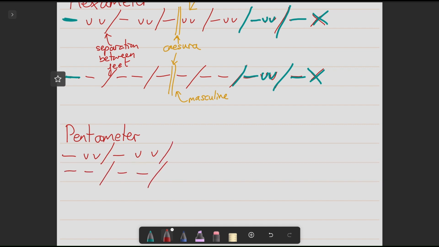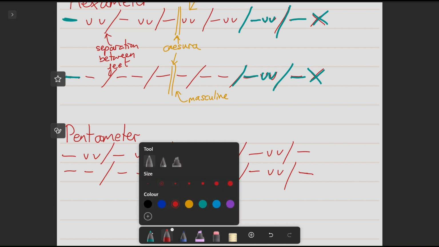I said 3, I meant 2. And then you have half a foot, with a long there. And then you have again 2 dactyls, which don't typically change. And then you have the other half of the foot.